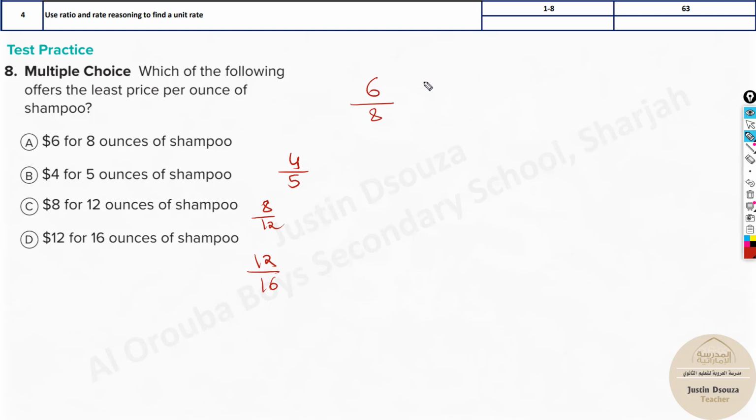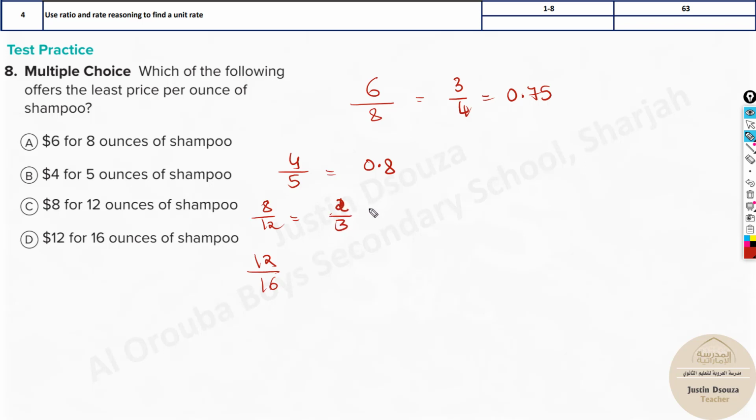Now here, how can you divide this? Table 2 goes, it'll be 3 by 4. What is 3/4? It is 0.75, 75%. What about this? This is 4 by 5 or 0.8, 80%. This one, table 4 goes, 2 by 3.